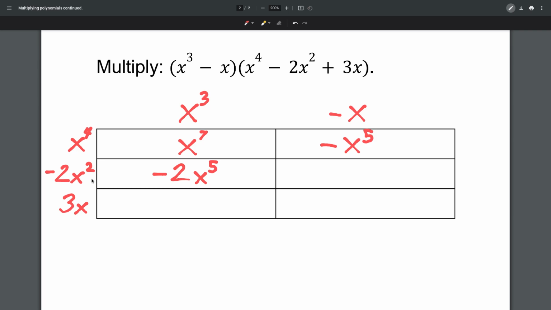A negative 2x squared times negative x is a positive 2x cubed. Three x, remember this is 3x to the first, times x cubed is 3x to the fourth power. And 3x times negative x is negative 3x squared.